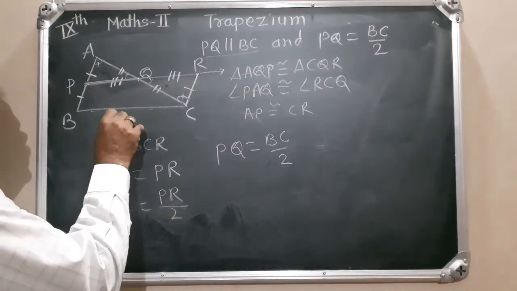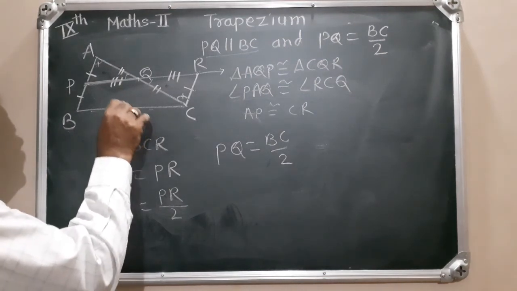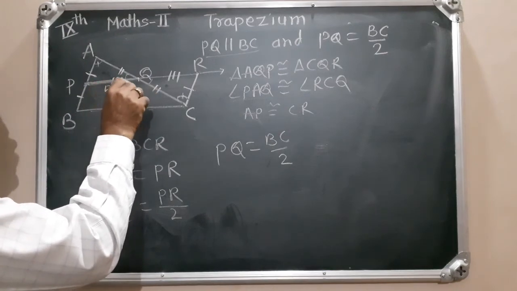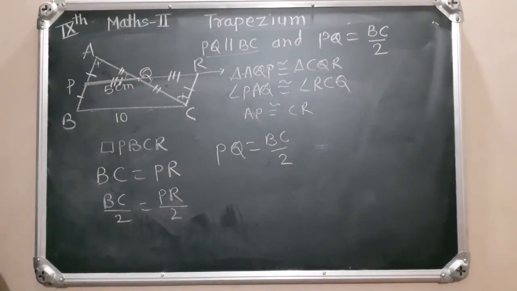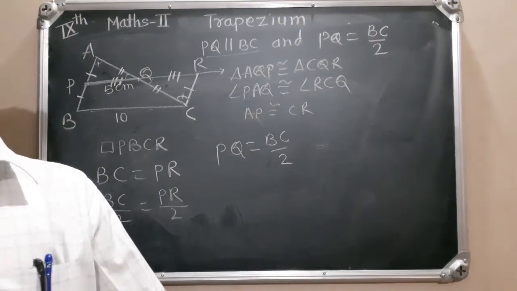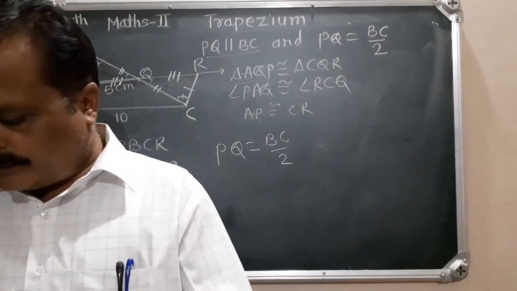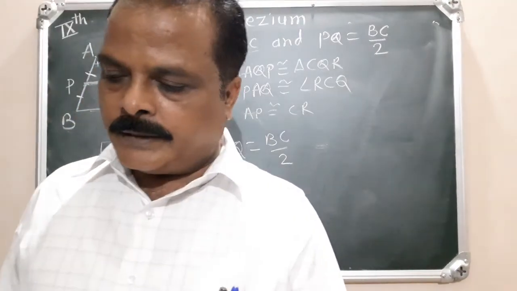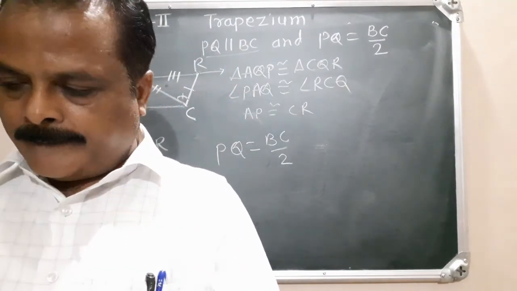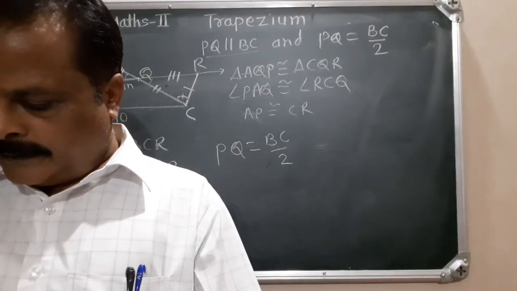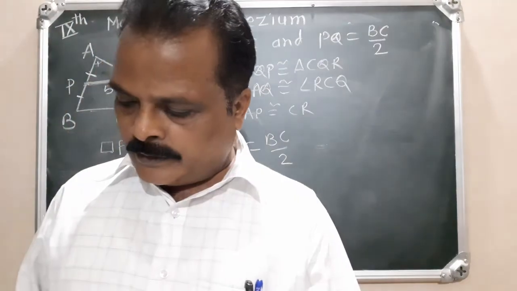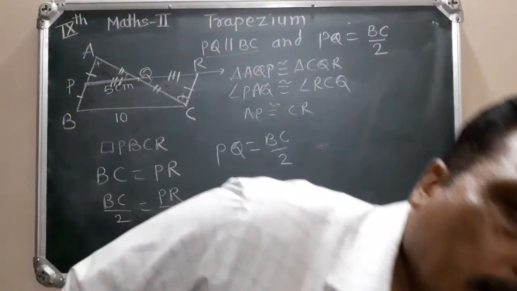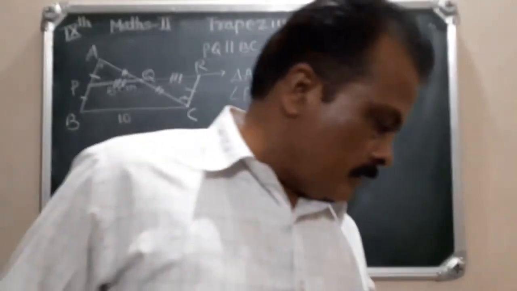If you are given this is equal to 10 centimeter, what is the length of PQ? That is 5 centimeter. Like this, there are some examples in practice set 5.5. You can solve those examples, then solve problem set 5. You can easily solve that also.